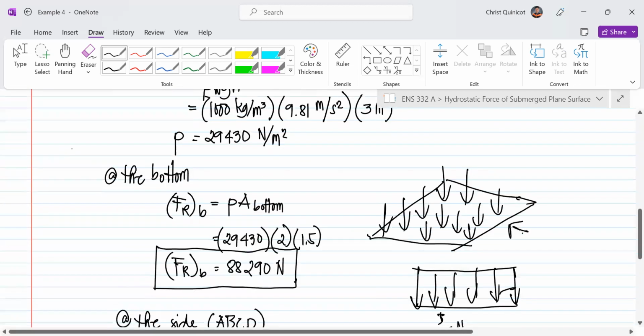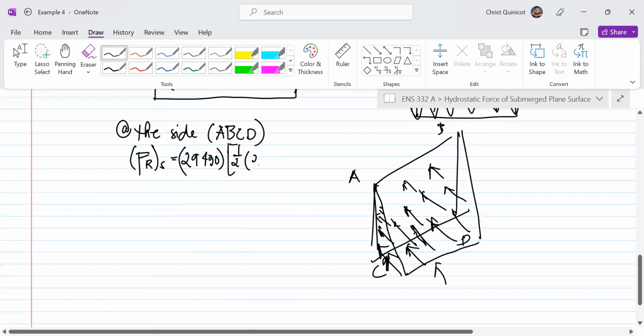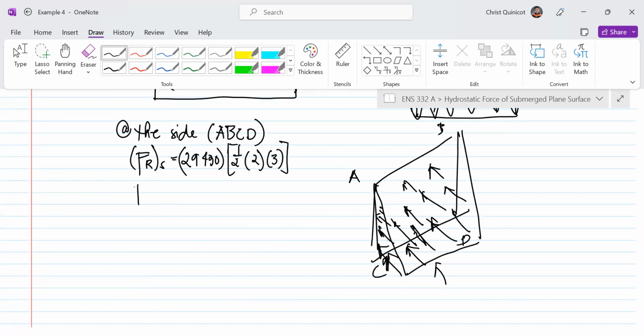So 1/2 times 2 times 3 times 29,430 is equal to 88,290 Newton at the side.